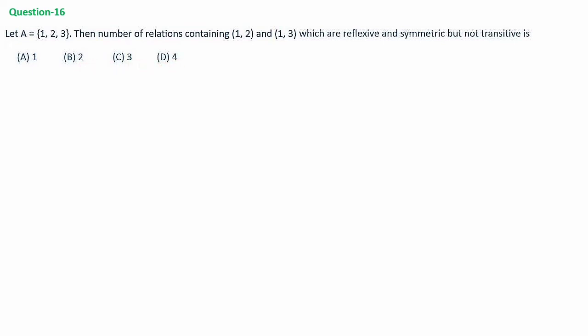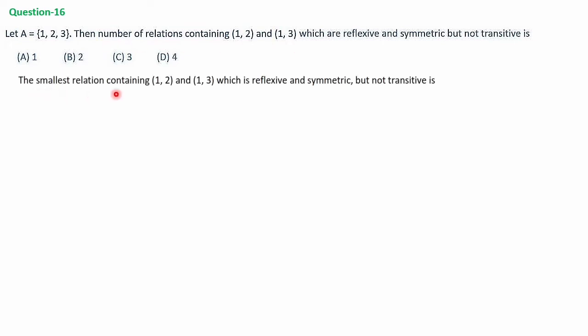So let's try to write the number of relations. First of all, the smallest relation containing (1, 2) and (1, 3). Smallest relation means the smallest number of elements which include a particular relation, that is R is equal to (1, 1). We can take (2, 2) and (3, 3).